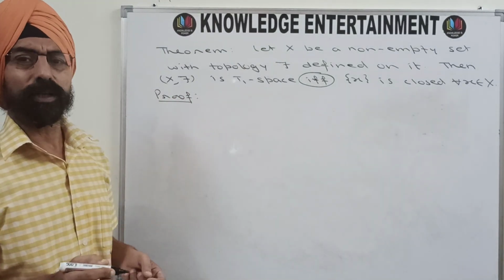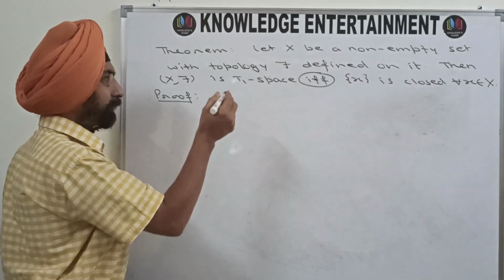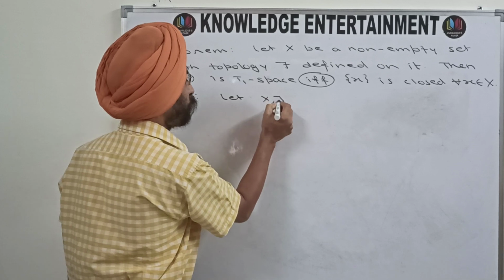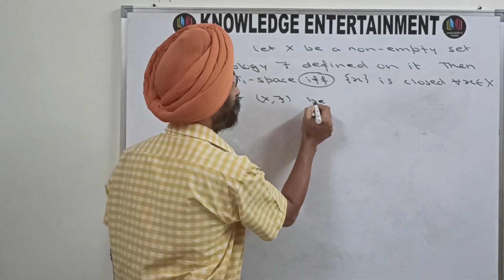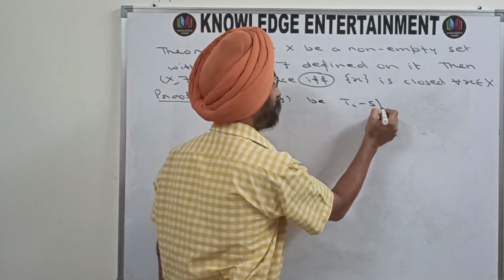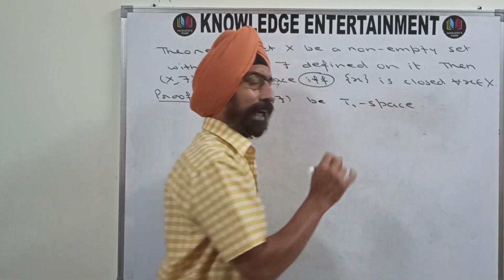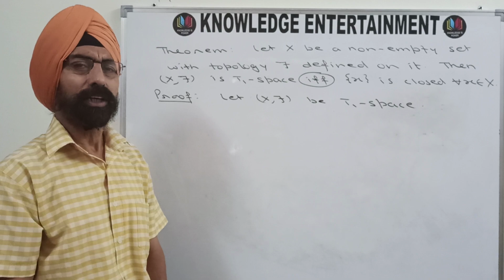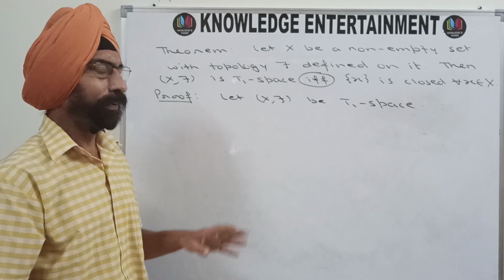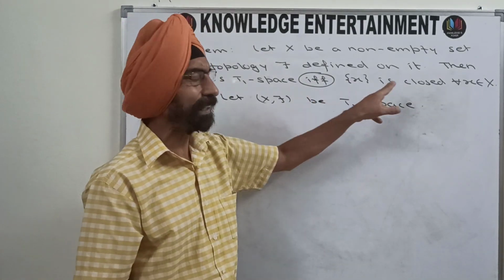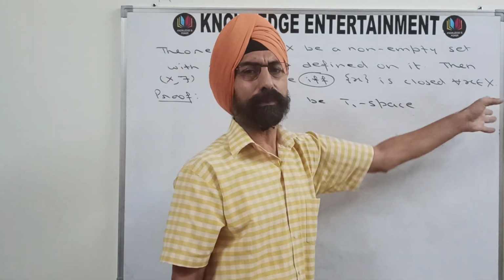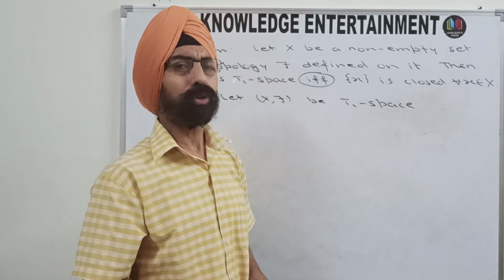So we will have to prove them one by one. In the first part, let (X, tau) be T1 space. This we have assumed. We have assumed that (X, tau) is a T1 space. So what we have to prove now? We have to prove that every singleton set {x} is closed, whatever the value of small x from the capital X is. So what we will do?